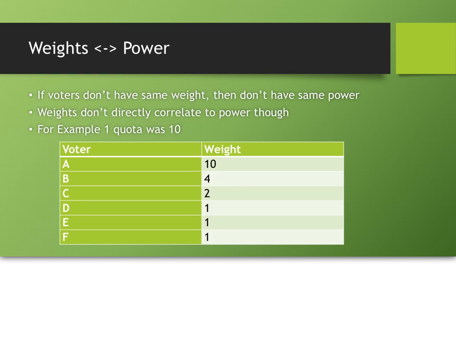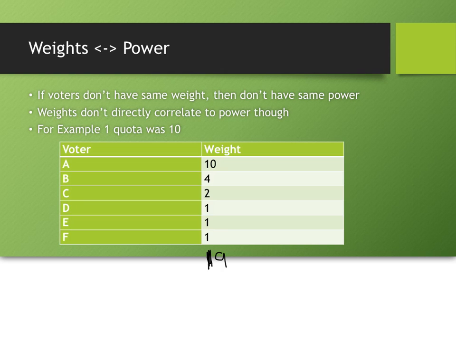If you remember, the first example in the last section gave us I think 19, is that right? 19 votes. And while B and C and D and E and F did have votes, they really didn't have any power because whatever A said goes, right? The quota was 10. And so if A voted for the motion, then it passed.